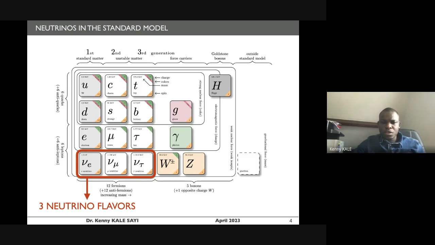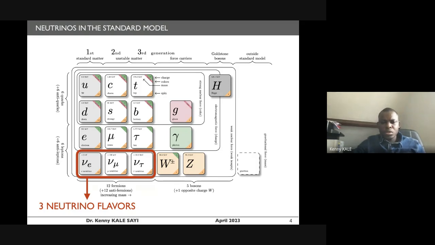The electron, muon, tau, and neutrinos form a subset that we call leptons. We have six leptons, and they come in families. For each charged lepton, we have a neutrino associated to it: the electron neutrino for the electron, the muon neutrino for the muon, and the tau neutrino for the tau.